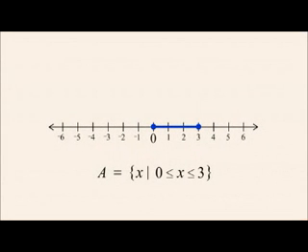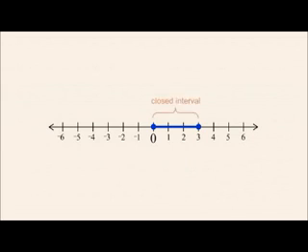The endpoints of an interval don't necessarily have to be included in the interval. However, since set A contains numbers greater than or equal to 0 and less than or equal to 3, the endpoints 0 and 3 are included in this interval. Intervals which include their endpoints are called closed intervals.